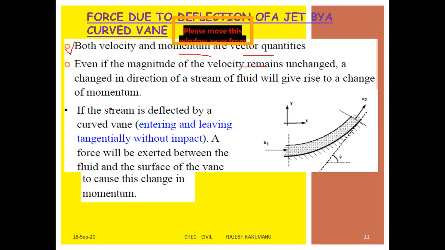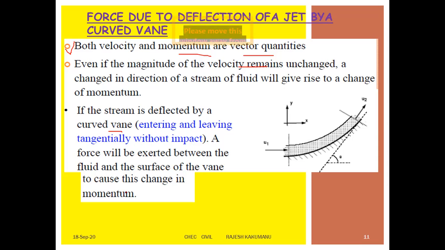Now, if the stream is deflected by a curved vane, entering and leaving tangentially without impact, a force will be exerted between the fluid and the surface of the vane to cause a change in momentum.